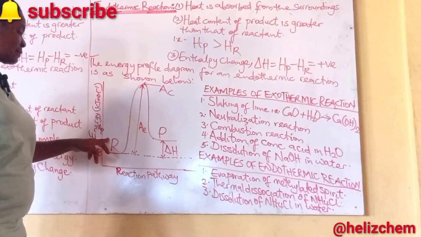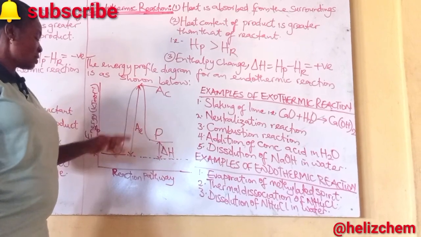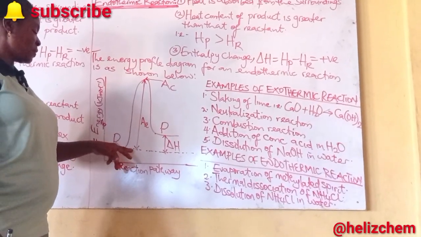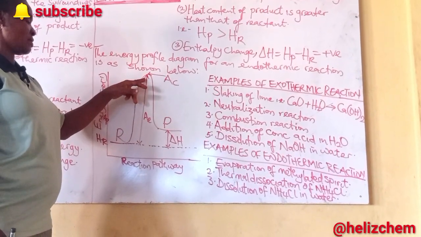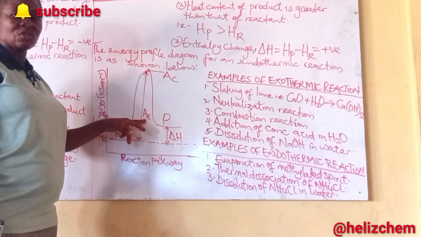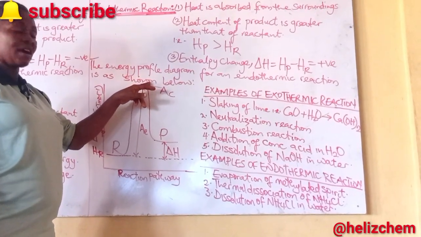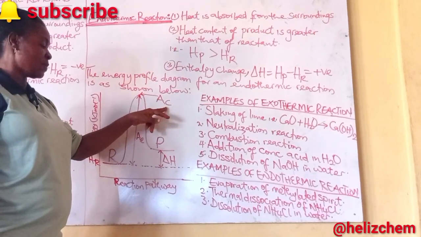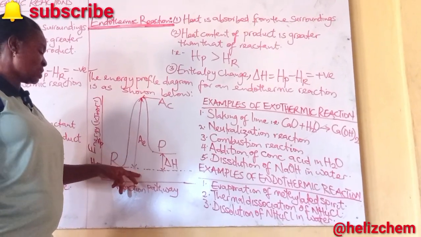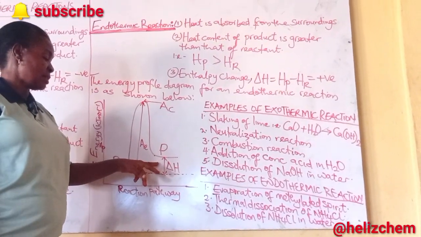This is the reactant. This is the product. From the bottom of the reactant to the apex, we have the activation energy. Then the energy barrier, which is the activated complex, and the difference between the heat of product and reactant is the delta H.